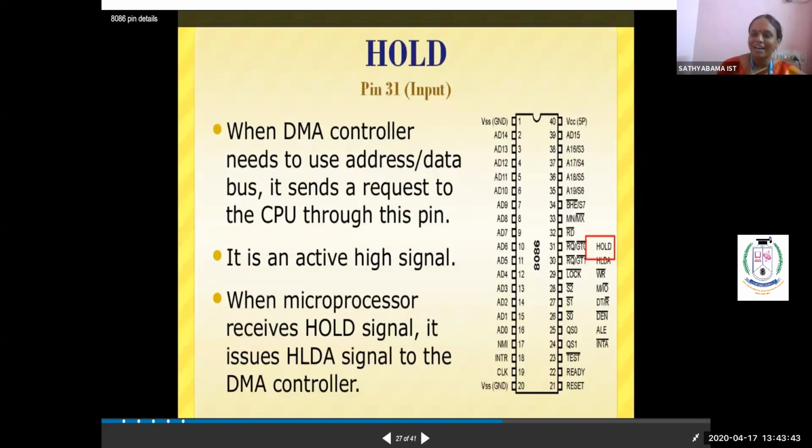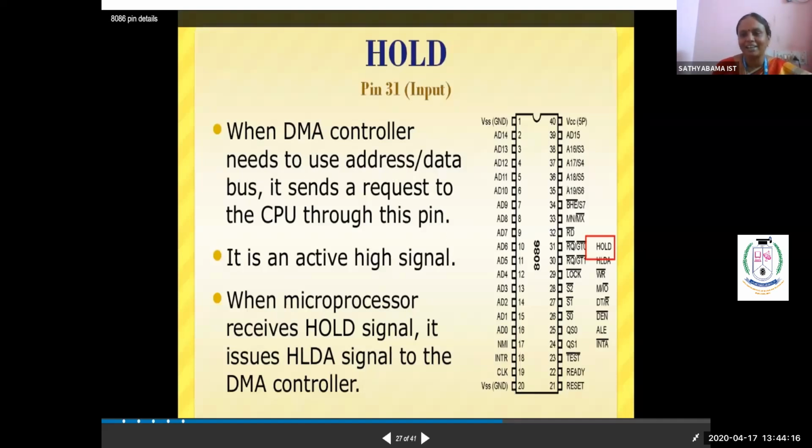Hold and HLDA, very popular signals we have already studied in 8086. Hold means the DMA controller will request the CPU to use the address and data bus. For that, the hold pin will be used. If I want to transfer data from memory to the DMA controller and the microprocessor comes into the picture every time, the transfer will be slow.